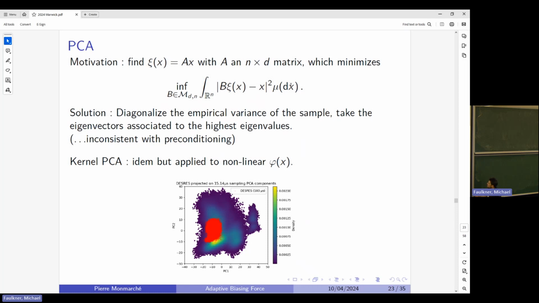So anyway, this is the sample that we have projected on the space of the two first collective variables that we had at the end of the simulation, after 15 iterations of PCA and sampling.